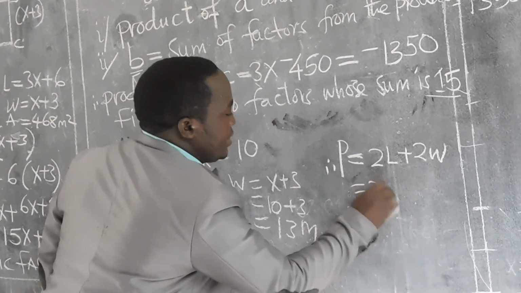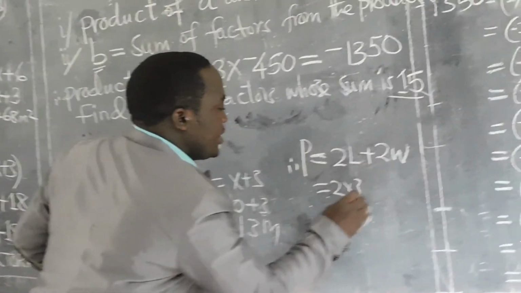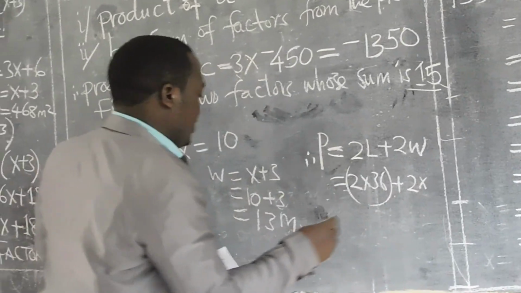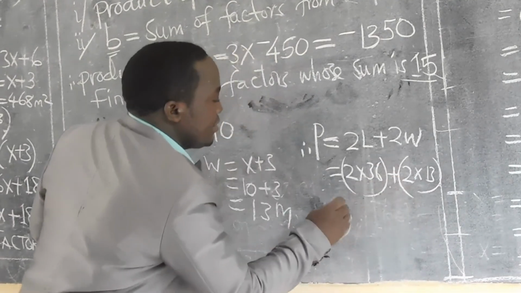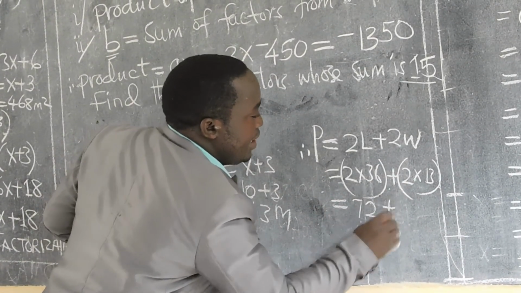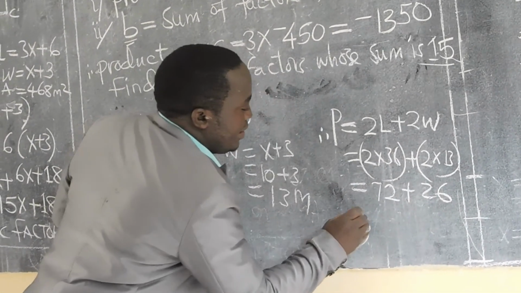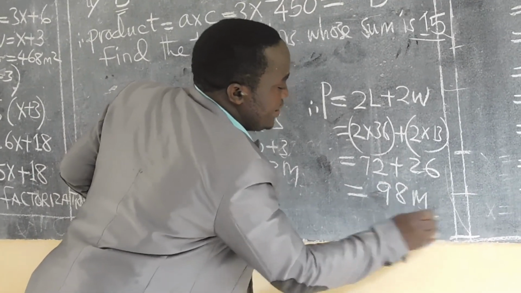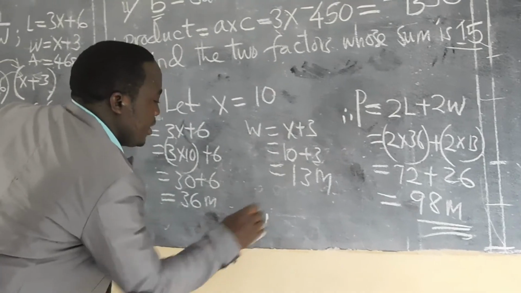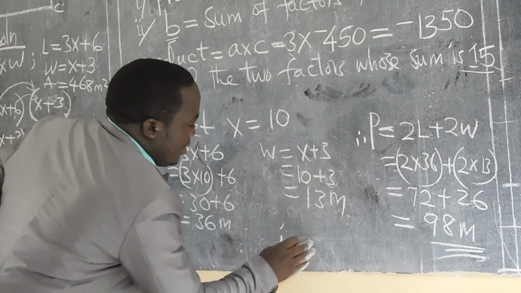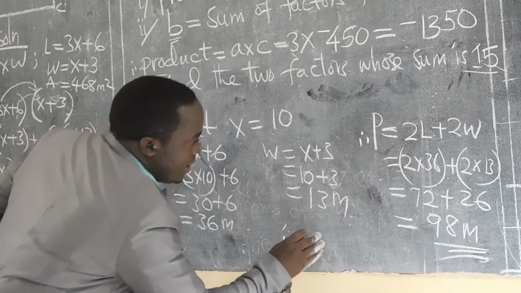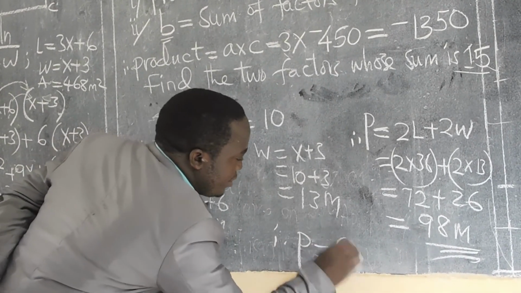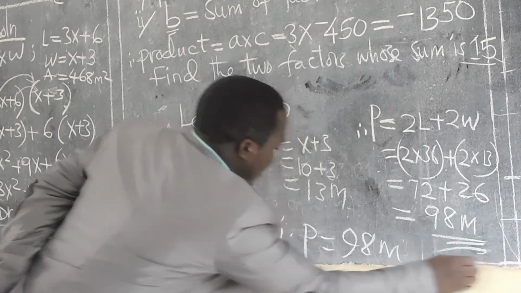Then we take 2 times the length, which is 36, plus 2 times width, which is 13. So we get 72 plus 26. Together we get 98 meters. That now is our perimeter through quadratic factorization. Our perimeter is equal to 98 meters.